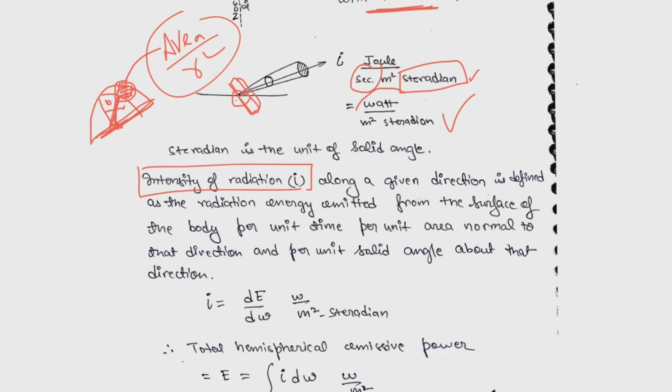We already know what is watt per meter square. This is nothing but emissive power per steradian. Therefore I is defined as dE upon d omega. If we want total emissive power, then just send this side and integrate.